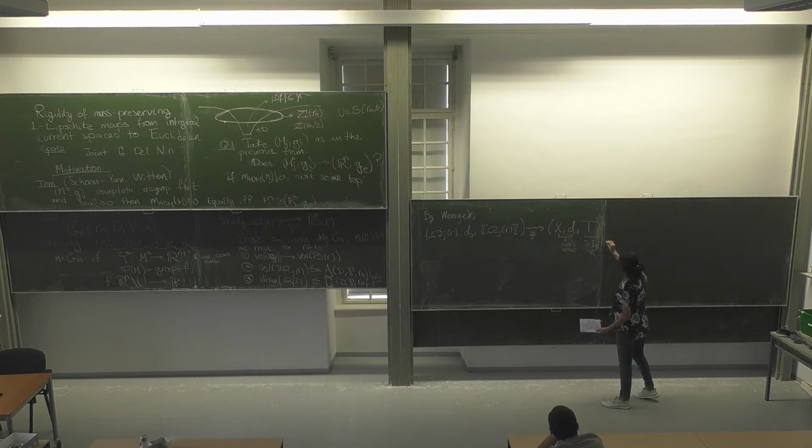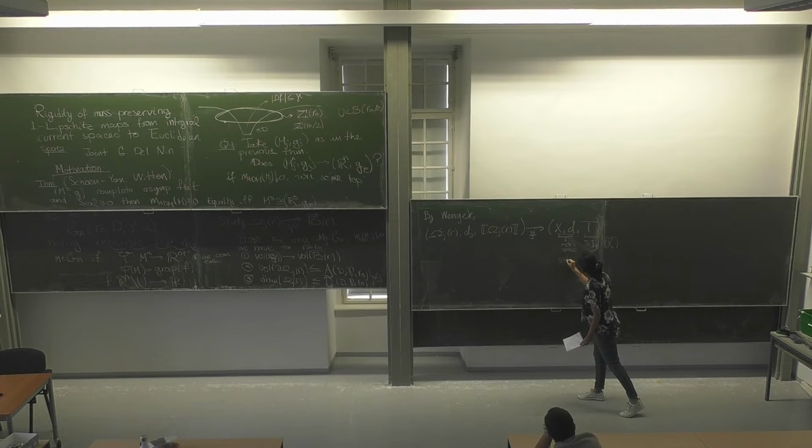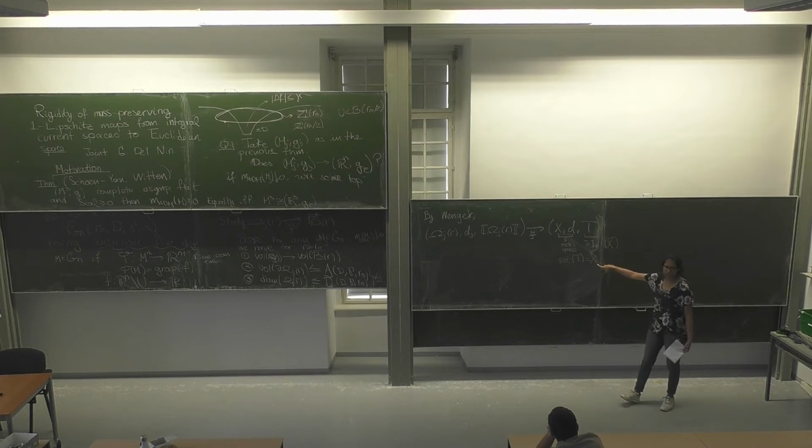And then there is some subtlety, that this integral current is defined in the closure of X bar, in the completion. And another thing is that the set is a smaller set than the support of the current, and I'm going to say something about this. The set of this current is actually X.